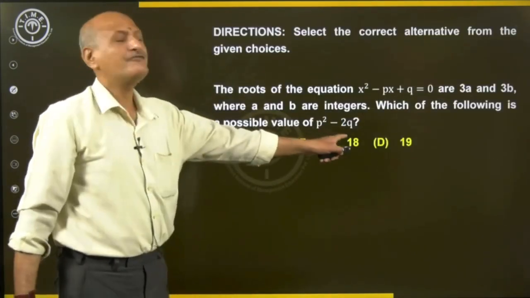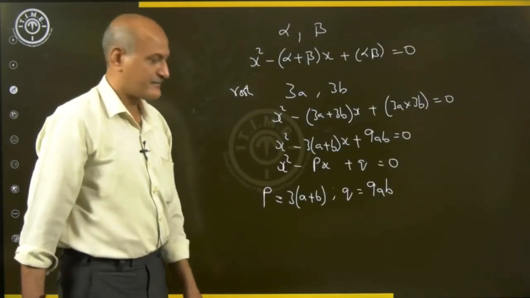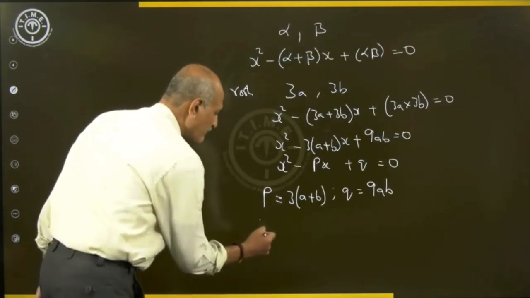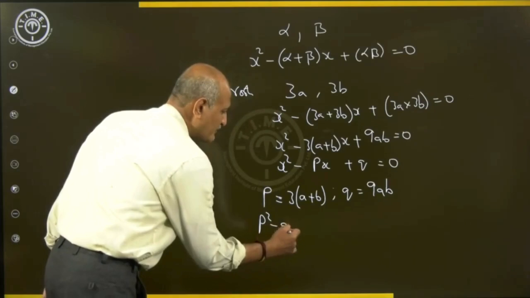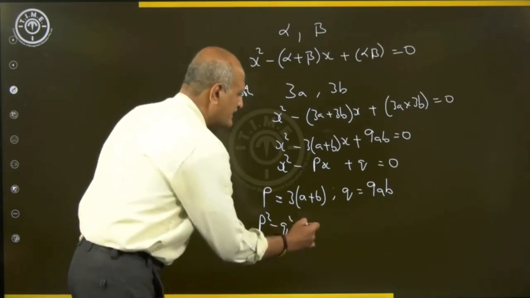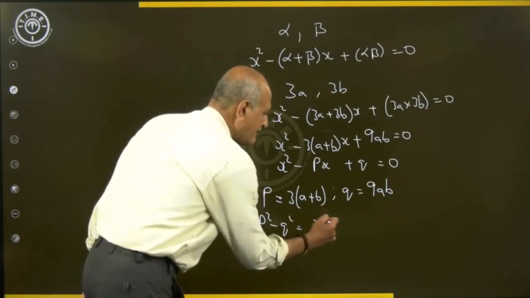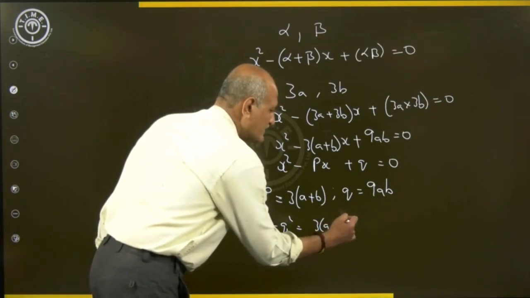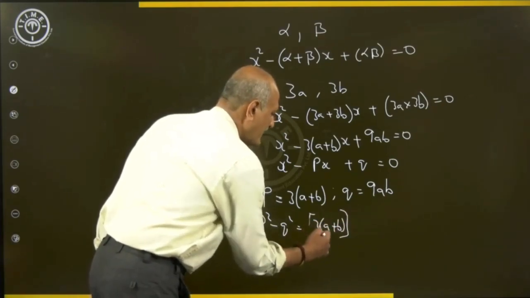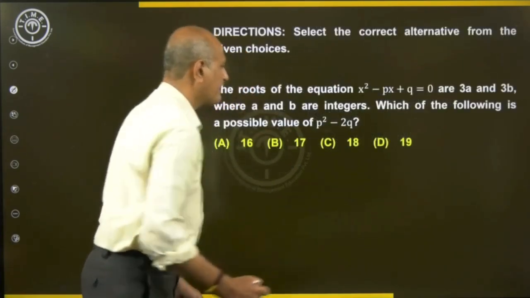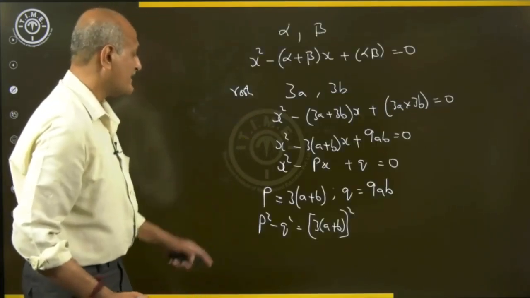Let's find the value for p square minus 2q. So it is 3 times (a plus b) whole square minus 2q.